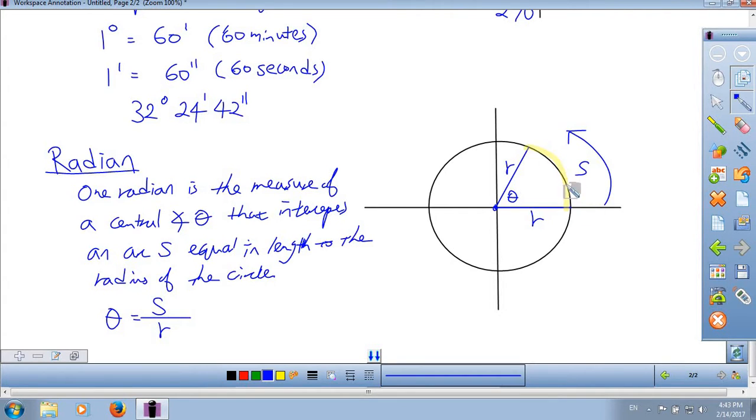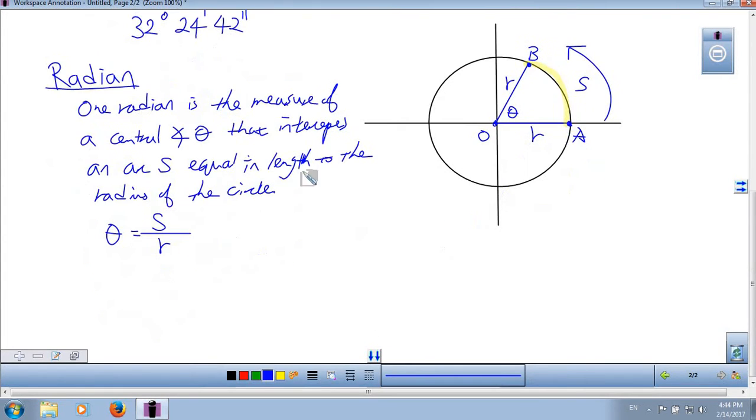You're going to travel a certain length from point A to point B through the arc S, and let's call this point O, for center, for origin. So this arc length S divided by the radius R, that ratio is going to be the amount of rotation in radian. So theta is going to be S divided by R.